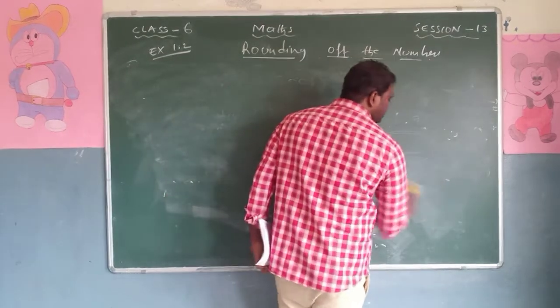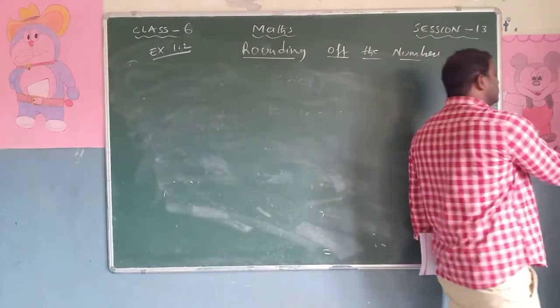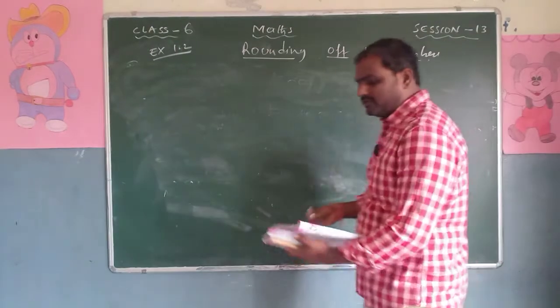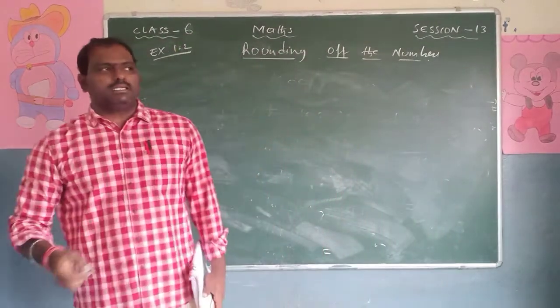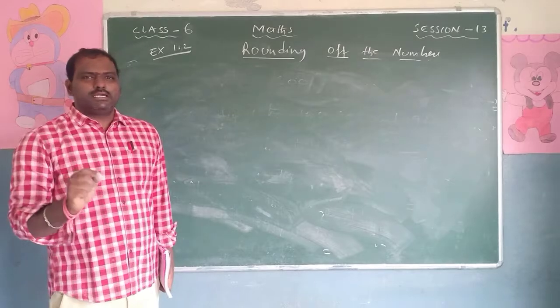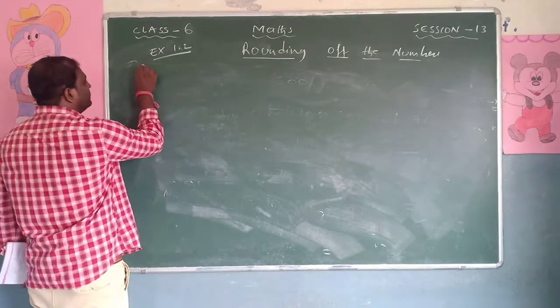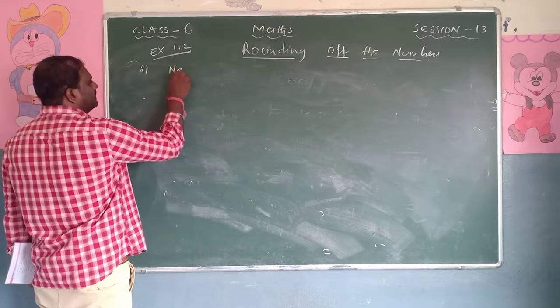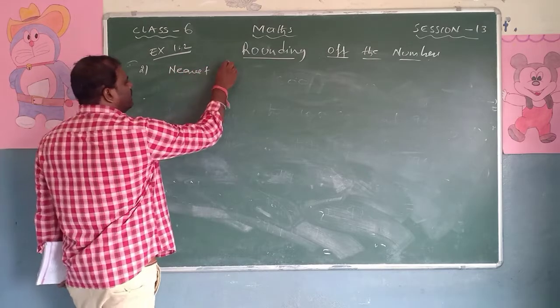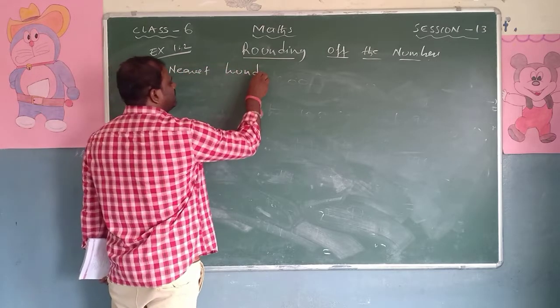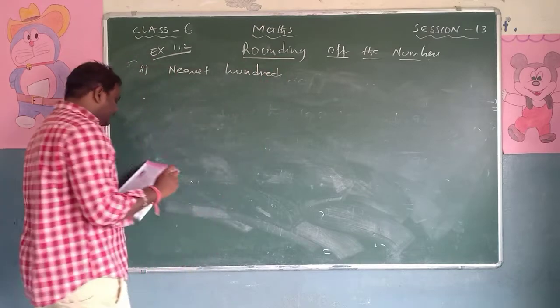Now it is nearest hundreds. So we have to follow the same method we followed for this one. But the change is that instead of tens we have to take hundreds. So question number 2 is nearest hundreds.